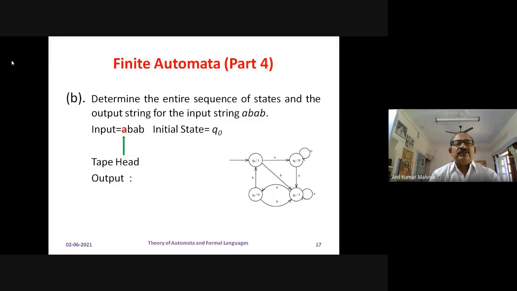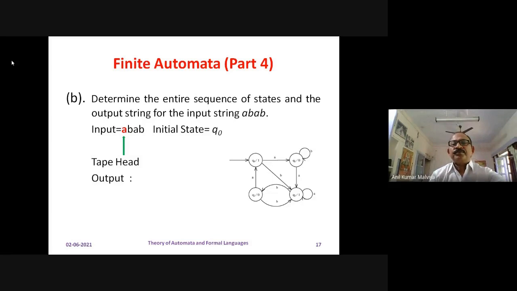In the figure you can see the tape head points to A. And as we also know, the machine always starts from the initial state Q0. And in the picture you can see Q0 is the initial state.